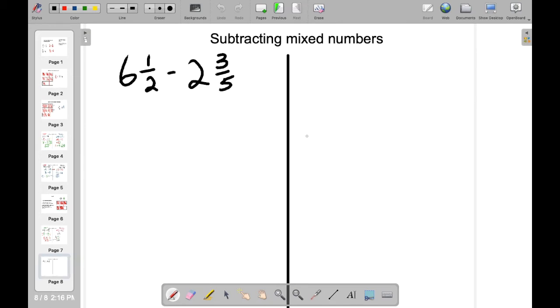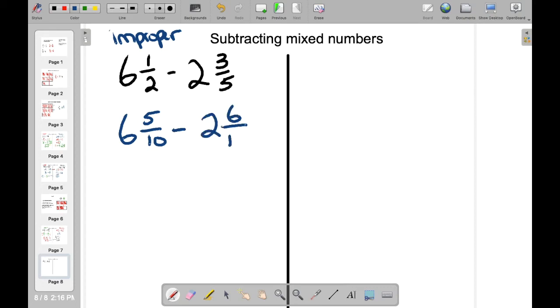Let's do one last problem here. So once again, we're going to do the improper fraction strategy on the left. So this time, I'm going to find a common denominator before I do the improper fractions. And I've decided that tenths is the one I want to go with.